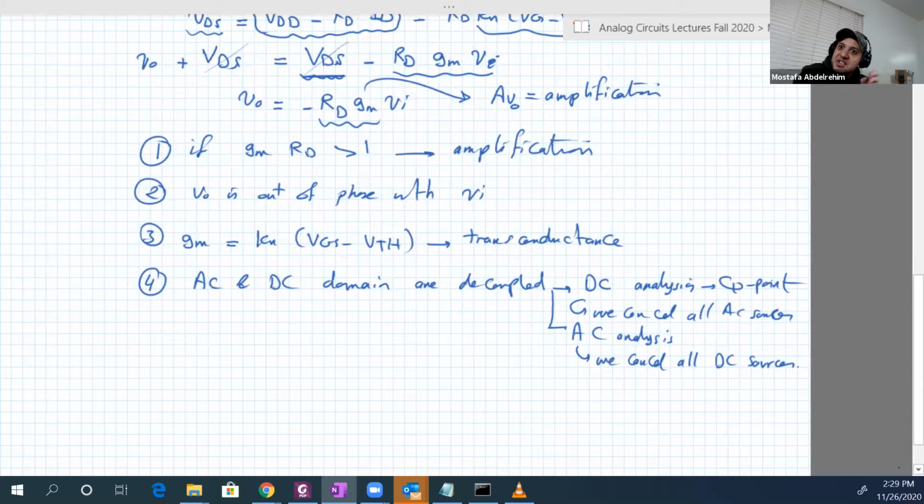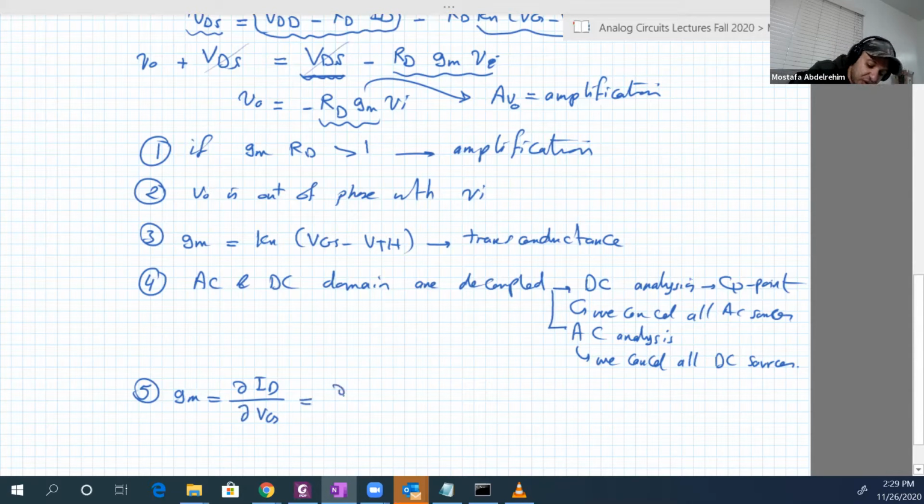And actually, this mysterious transconductance can be derived in another way. We knew from the BJT that GM is the partial of output current over input voltage, so it was the derivative of IC with respect to VBE. Here, it's also the partial of ID with respect to the input, which is VGS. Can we do that? Yeah, we can do it.